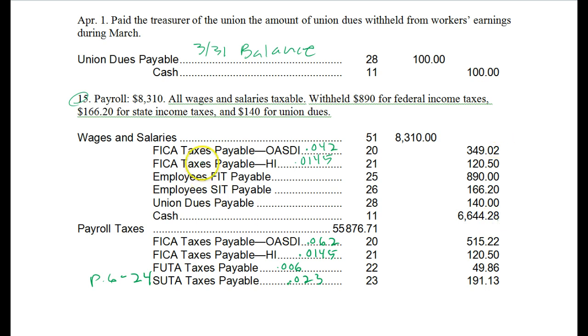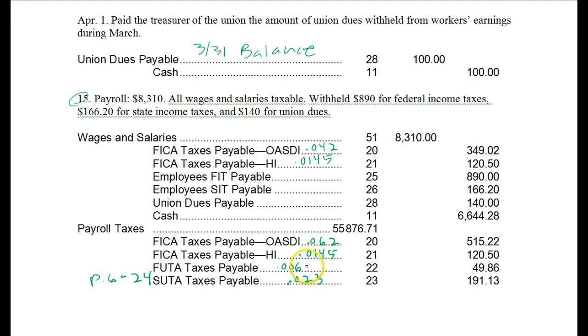The employer's share of the FICA is 0.062 times 8,310. But the FICA is the same. The HI is the same. It's the 0.0145, so it's the 120. The FUTA, or FUTA, depends on how you want to say it, is 0.6%.